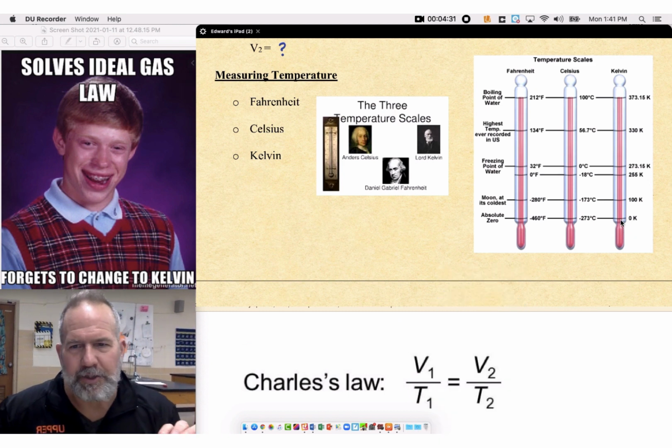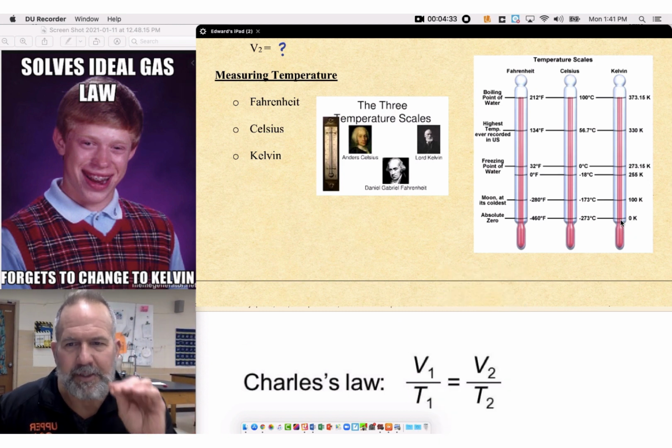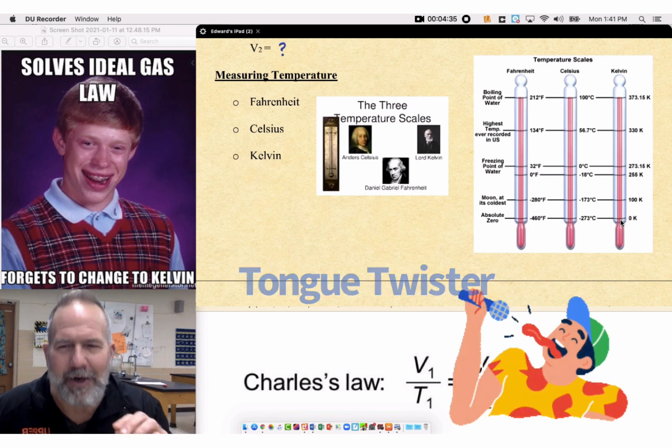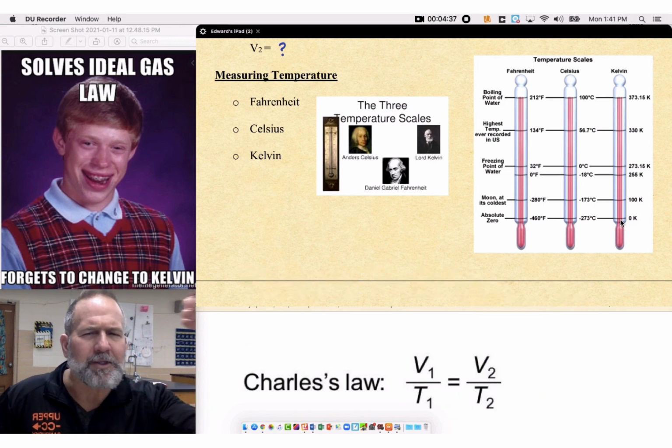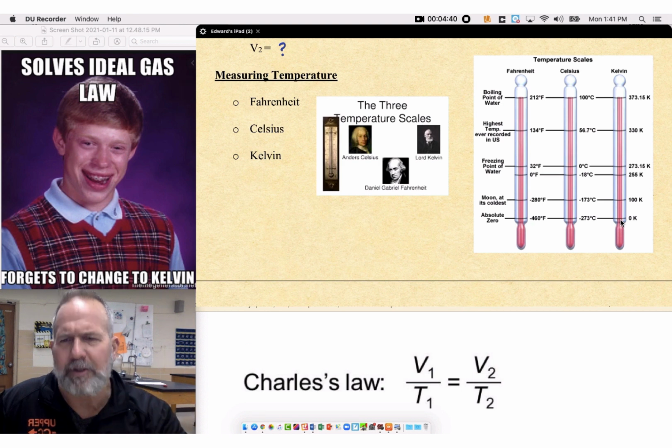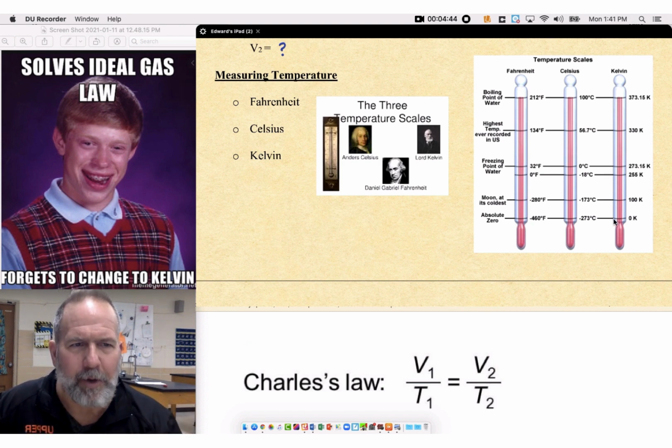So he made that his absolute 0. Now, he also used Celsius's scale. He just slid the 0 down to where it was actually no energy. And so you'll notice as we go from negative 273 Celsius to 0 Celsius, the Kelvin scale goes from 0 Kelvin to 273.